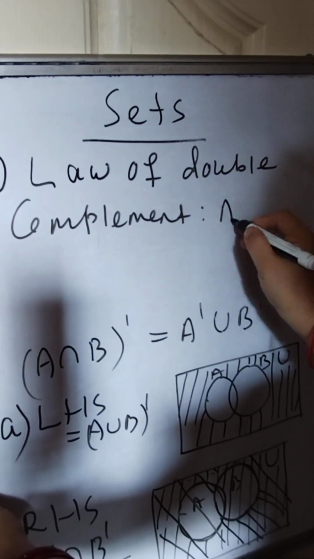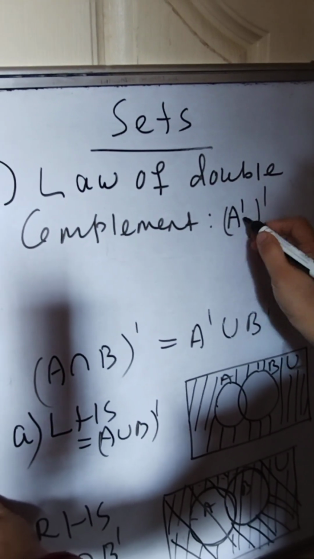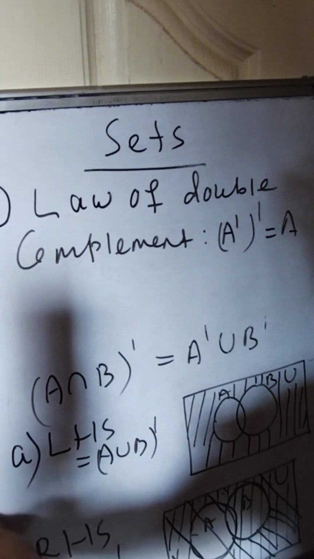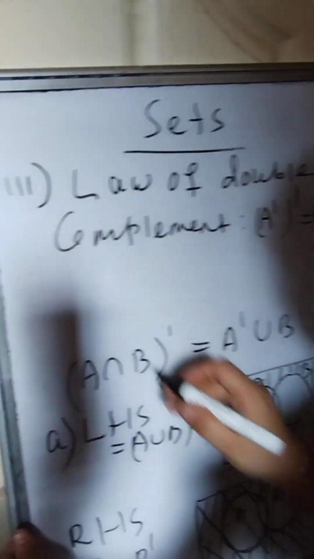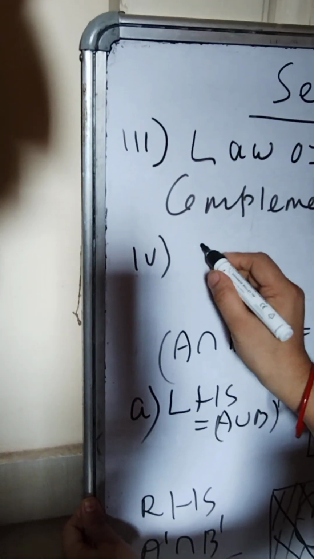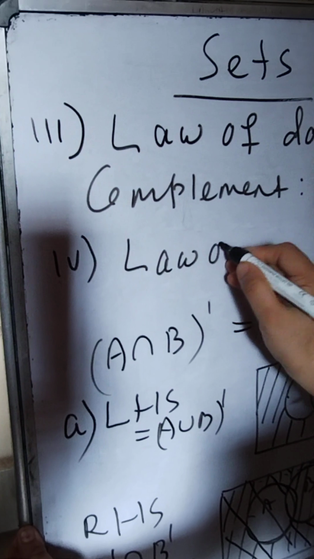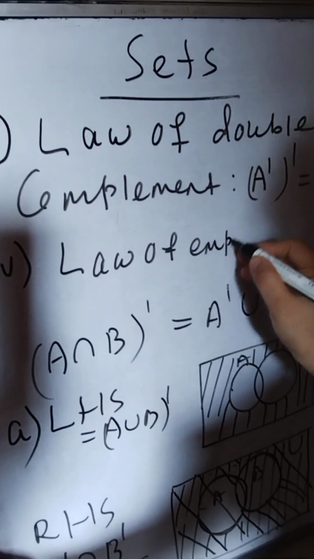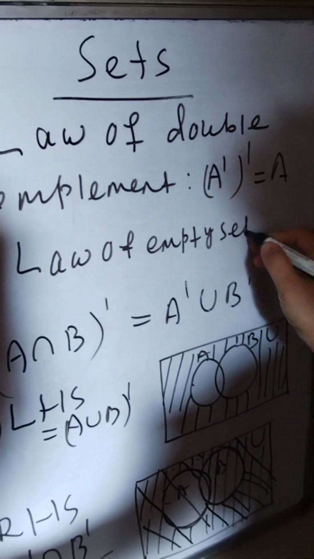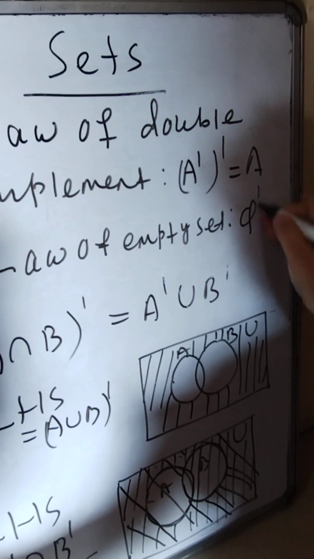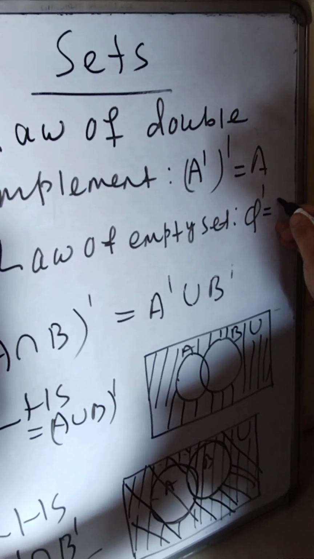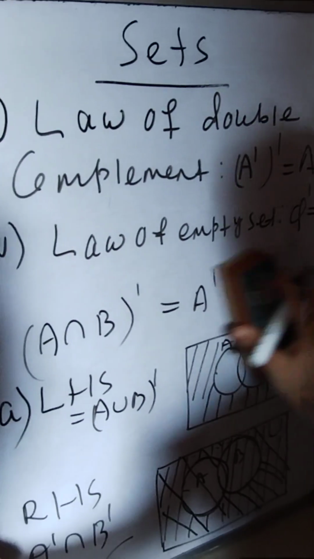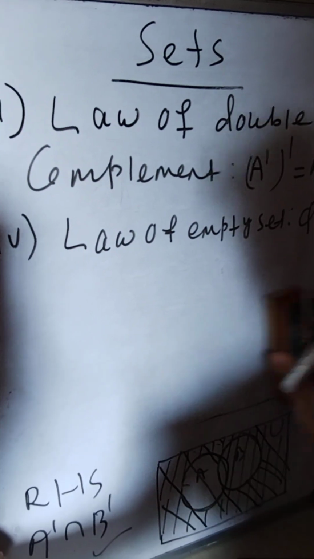That law is complement of A complement is the set A itself, that is called law of double complement. And next is law of empty set, that is complement of phi set is your universal set. You try to prove using Venn diagram.